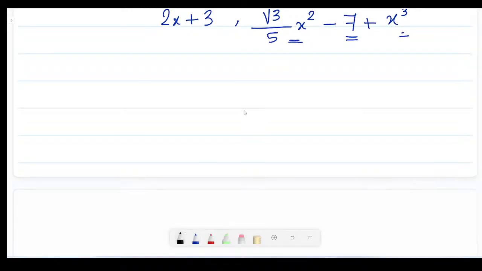Next, what are terms in an algebraic expression?